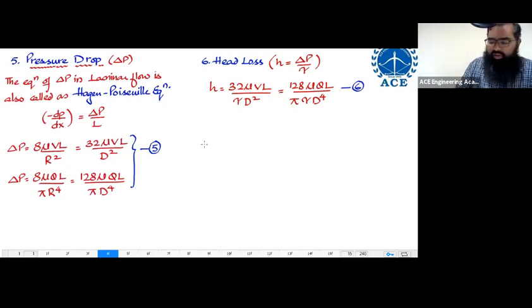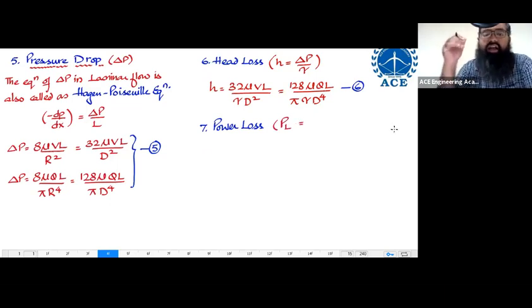Now, by virtue of head loss, you are going to have something known as power loss. There's going to be some power loss induced because of head loss. This value of power loss, capital P with an L representing the power that has been lost, has to be equal to. Where will you go to get this formula? You'll go back to the Bernoulli equation class, where we discussed the concept of power.